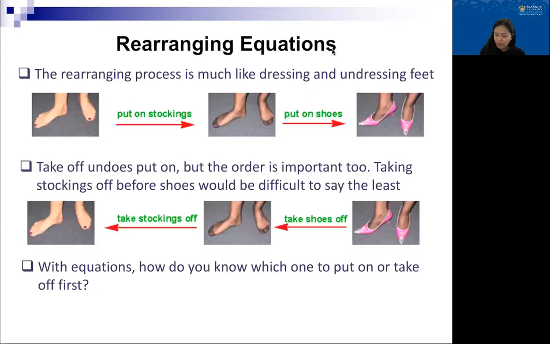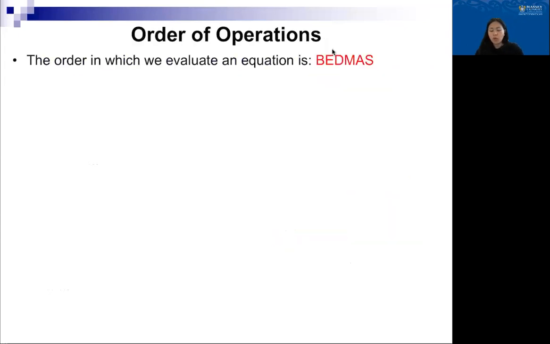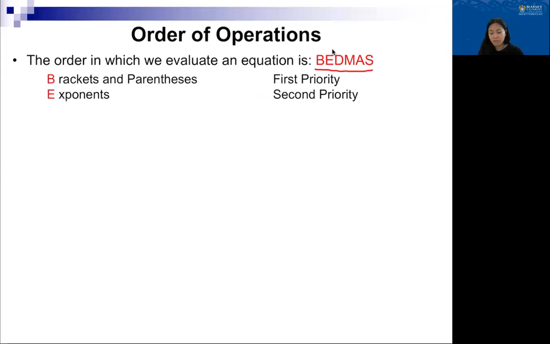There's a rule called the order of operations, which we can follow to know which operation comes first in a mathematical equation. And that has an acronym of BEDMAS. So in the acronym BEDMAS, B stands for brackets and parentheses. Brackets are the first priority. If you see brackets in the equation, that's what you have to calculate first. Next comes the exponents, that's raised to the power of 2 or raised to the power of 3.